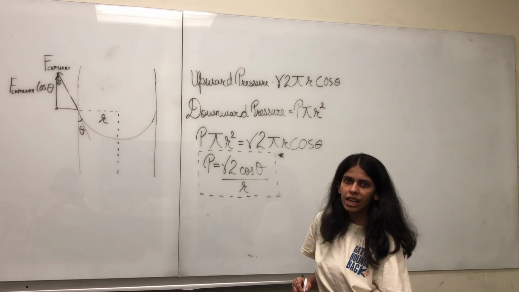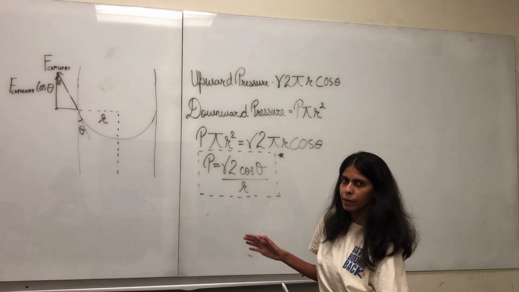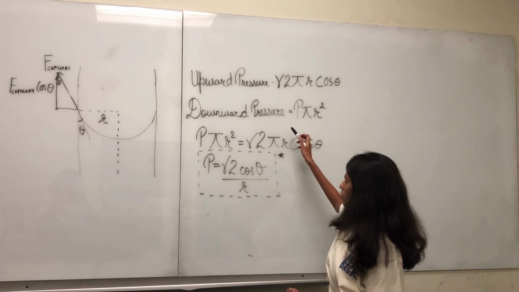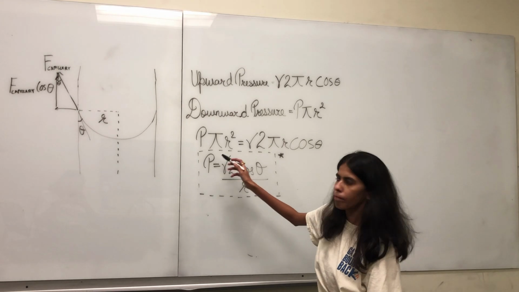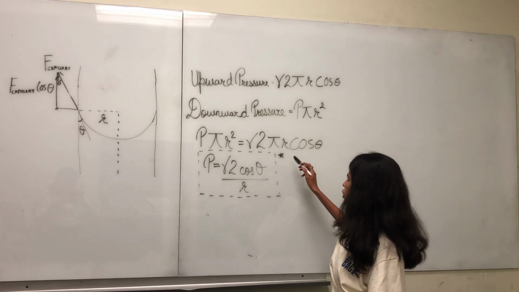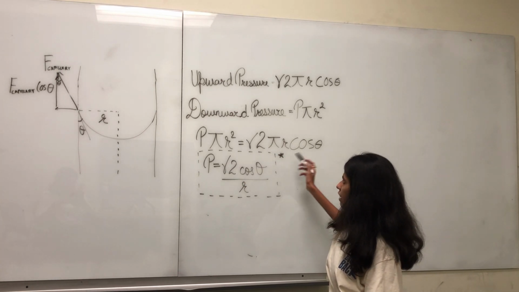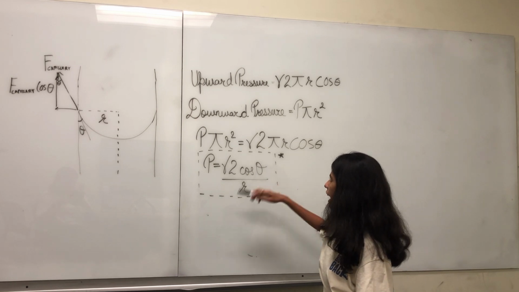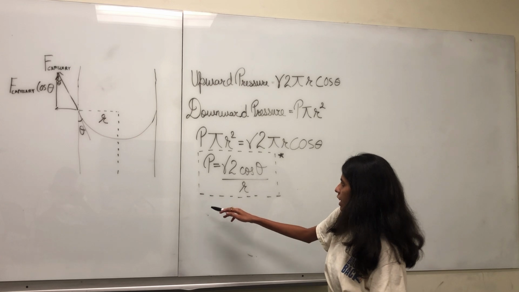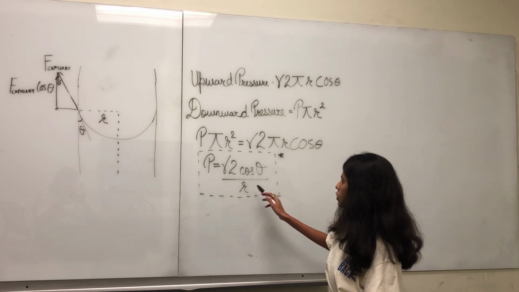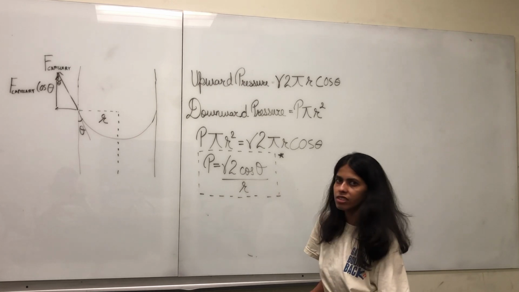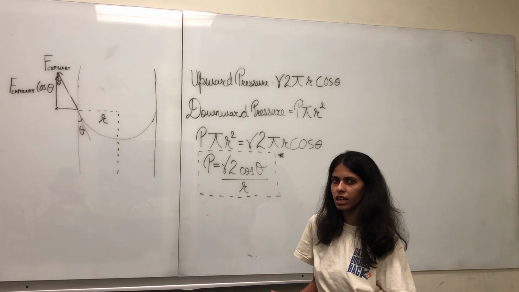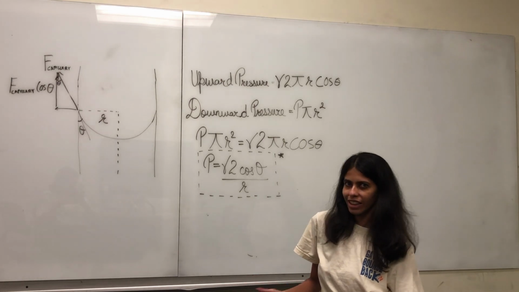So when we assume that the meniscus is at equilibrium, we equate the upward and downward forces, which gives p pi r squared equals gamma 2 pi r cos theta. If we divide the whole equation by pi r squared, we get the final equation, p equals 2 gamma cos theta over r, which is further used to derive the Lucas-Washburn equation, which is going to be explained by Philip.